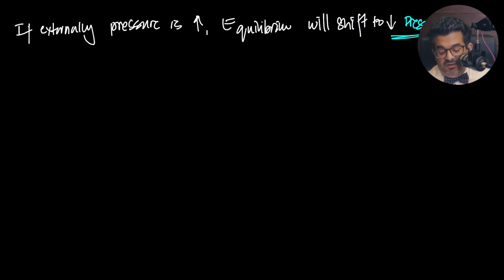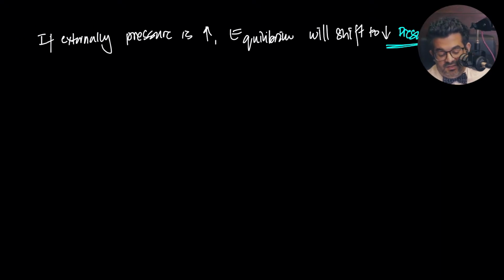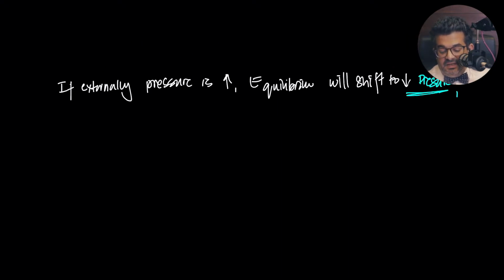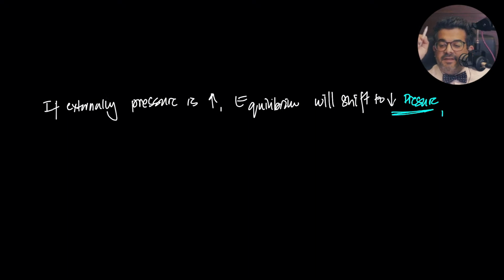Now, how does equilibrium decrease pressure is what we want to discuss. So if external pressure is increased, equilibrium wants to shift to decrease pressure.